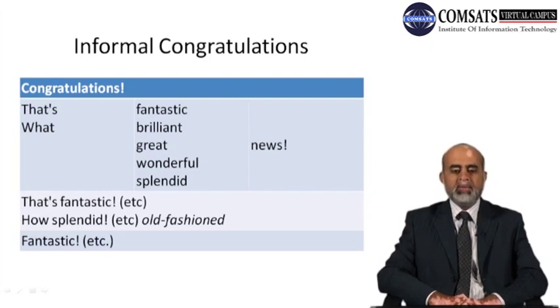So what did we do here? We picked "that's" from the first column, "fantastic" from the second column, and "news" from the third column. So if we hear a good news from somebody, we can react to it informally by saying, "That's fantastic news."